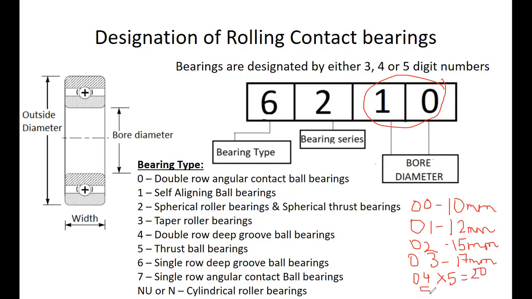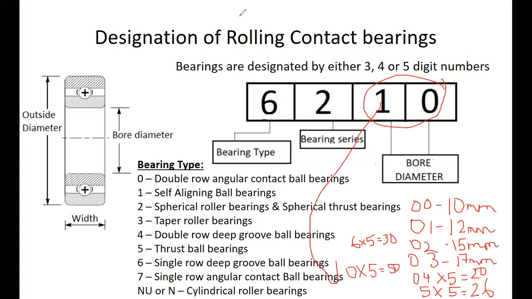If it is 5, then 5 5s are 25. If it is 6, then 6 5s are 30. Whichever number after 4 it is, you have to multiply it by 5. So 6 5s are 30, 7 5s are 35, and let us come to our number, which is 10. 10 5s are 50.